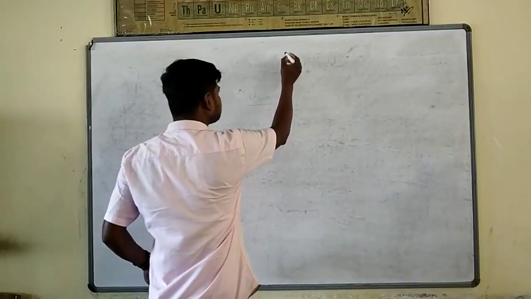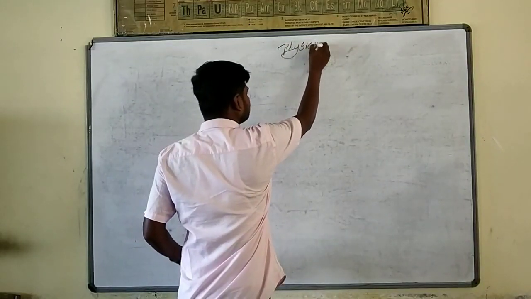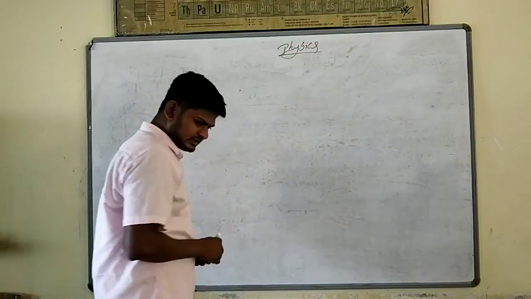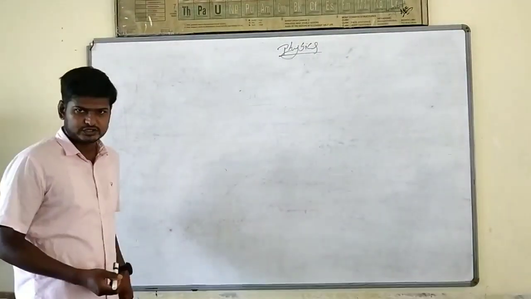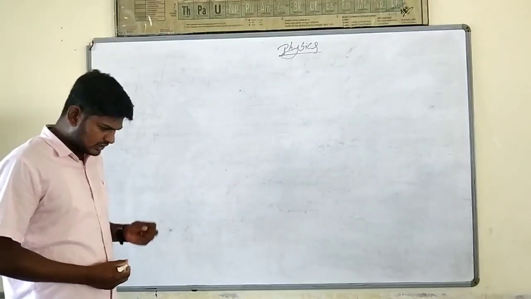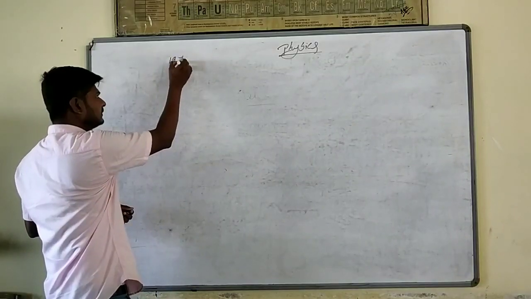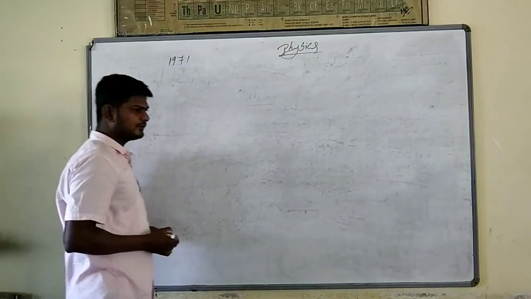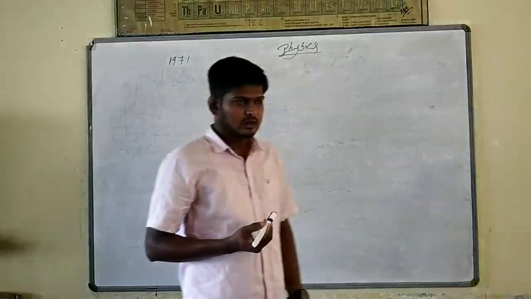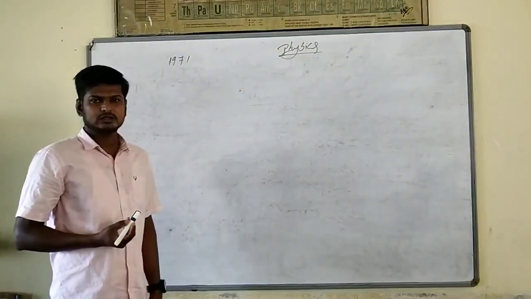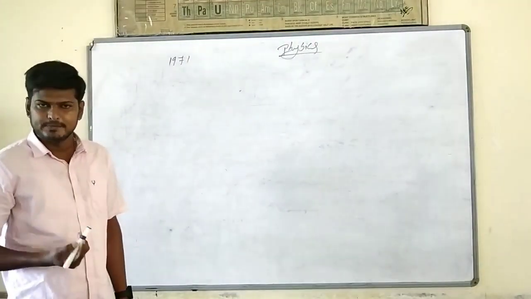Now, what did we discuss in the last class? We discussed units. Before 1971, different parts of the world, different countries, were using different systems of units for measurements.